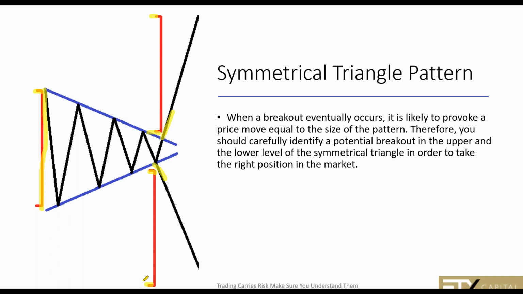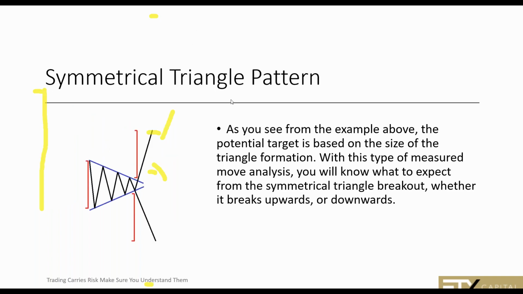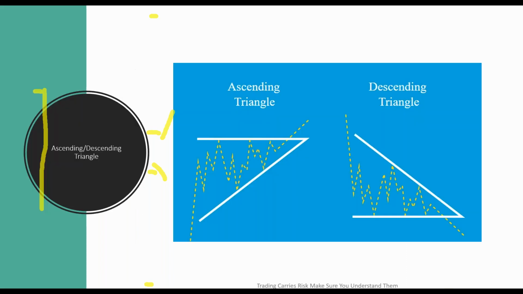Now, you have to verify that you have a good breakout before you can just assume that it's going to have the momentum to carry it in that direction. As you see from the example, the potential target is based on the size of the triangle formation. With this type of measured move analysis, you will know what to expect from a symmetrical triangle breakout, whether it breaks upward or downward. Then we have ascending and descending.